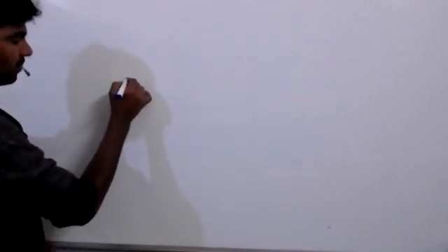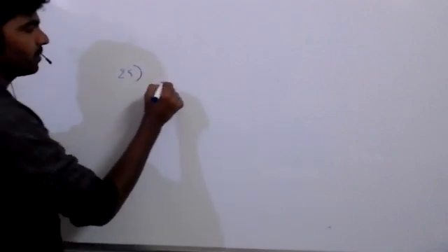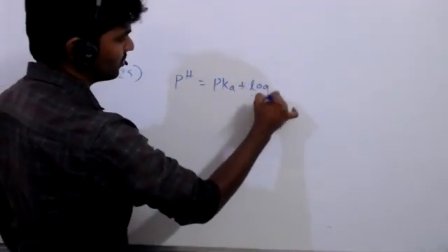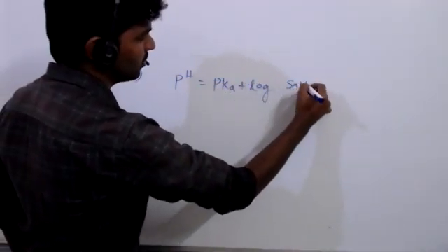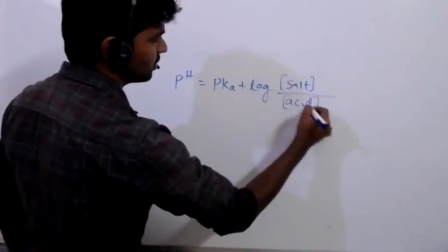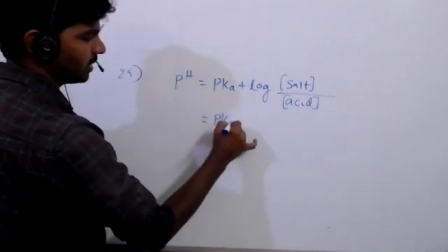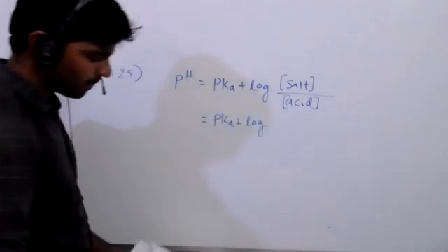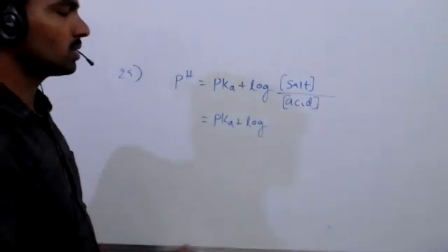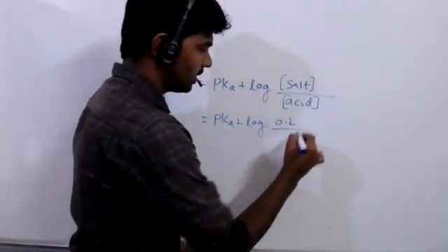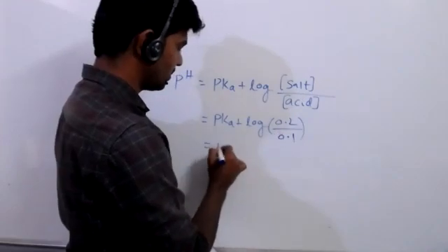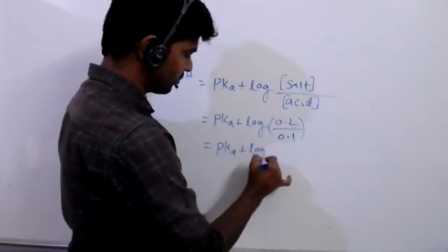So what is the acid buffer formula? pH is equal to pKa plus log of salt by acid concentration. pKa is not mentioned, so just take pKa plus log of salt concentration, which is first 0.1 mole, and again we are adding 0.1 mole, total 0.2 moles, divided by acid concentration, which is only 0.1 for acetic acid. So it is log 2 only. pH is pKa plus log 2.